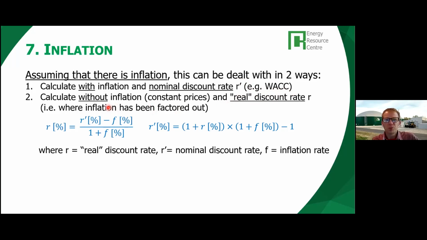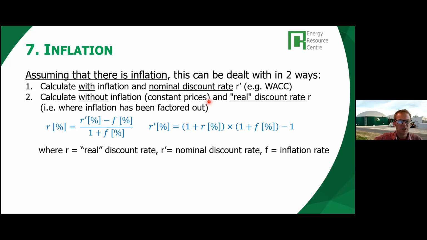Now, what is also possible is to calculate without inflation, so with constant prices, and that means that you more or less factor out the inflation. But it also means that the relative value of these cash flows in the future are not subject to inflation, so they should be regarded with a higher value.